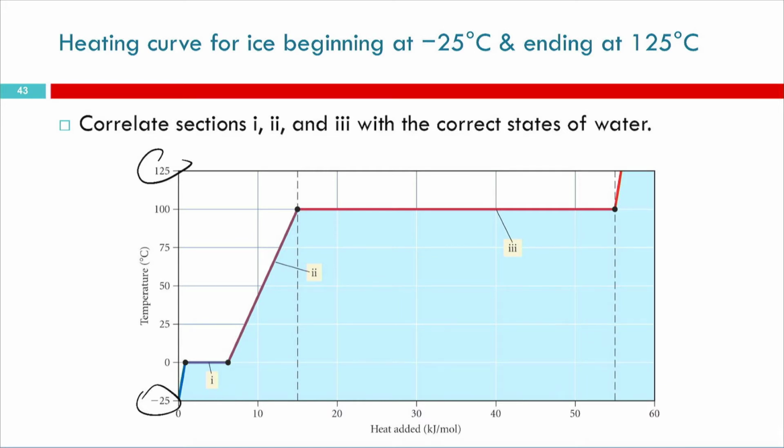Then we pass 0 and continue up, so that means this is melting. The states of water are solid, liquid, and then, once we've reached 100 degrees C, the boiling point of water, that's going to be our gas.